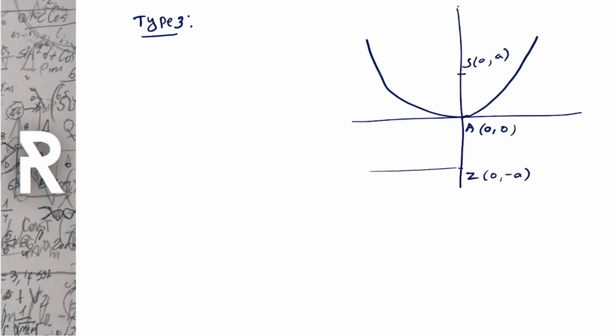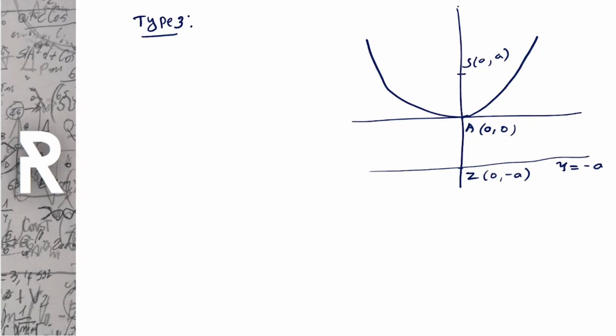If the standard parabola is rotated 90 degrees, it looks like this: vertex (0, 0), focus is (0, a), directrix is y equal to minus a.